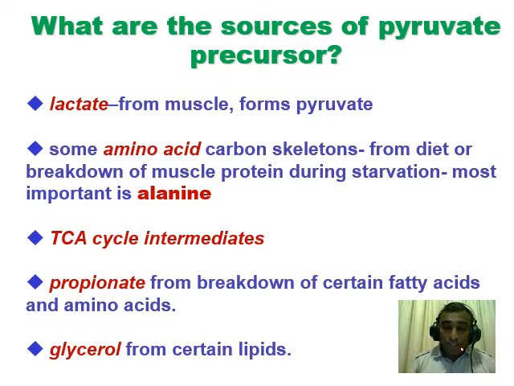You have lactate coming from muscle, coming from red blood cells, and then it goes into gluconeogenesis in the liver and becomes glucose. You also have certain amino acids, you have 20 amino acids.